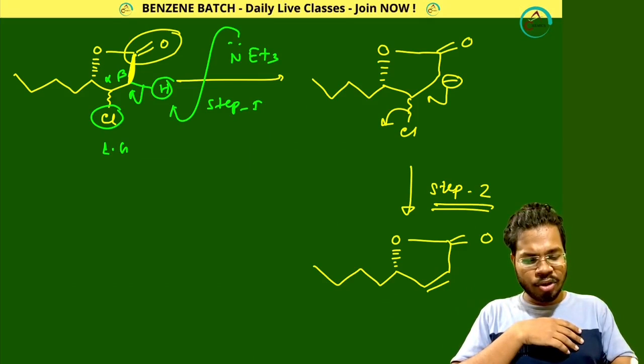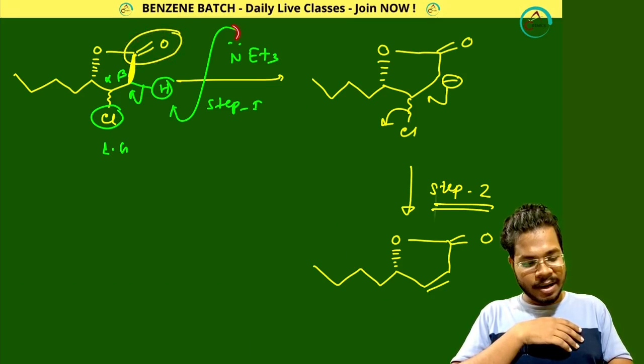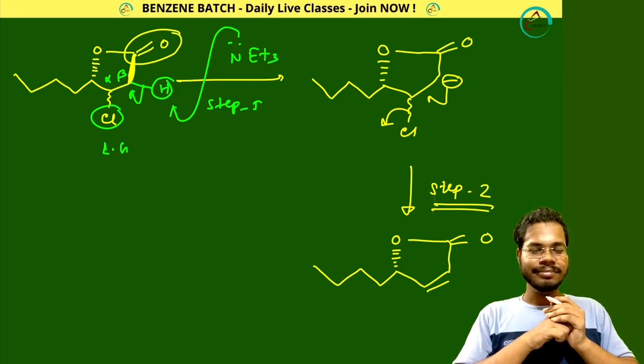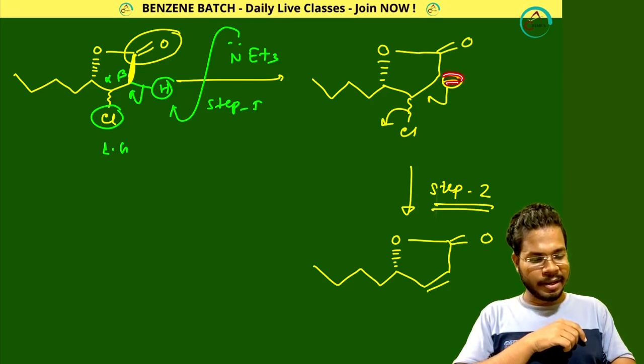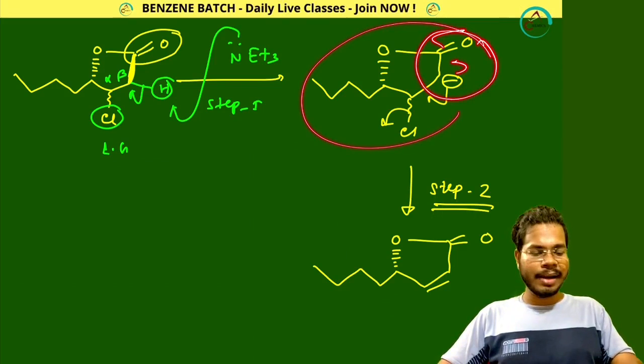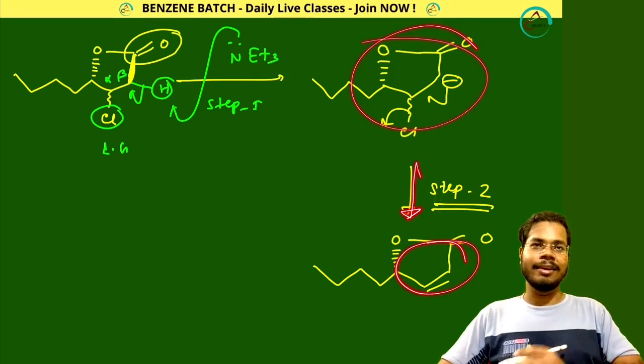And as the electron withdrawing group is attached, definitely this will give you this product, this carbonyl intermediate. Once you get this intermediate, you can do the resonance to make it stable, and because it is stable, it will participate in step 2 to leave this Cl.